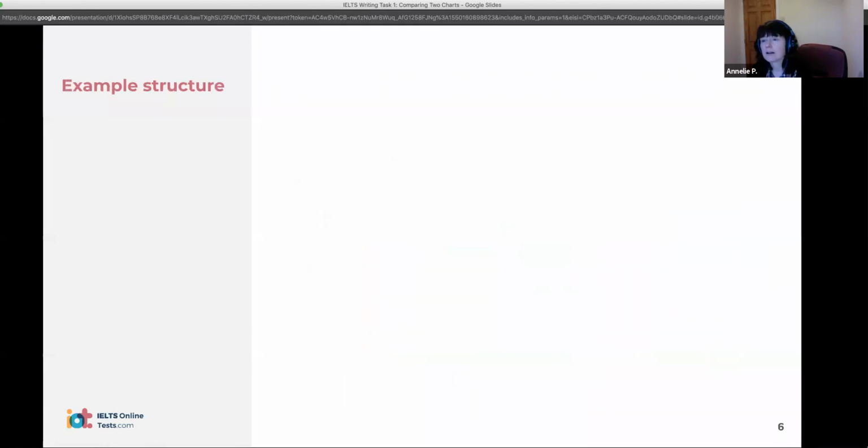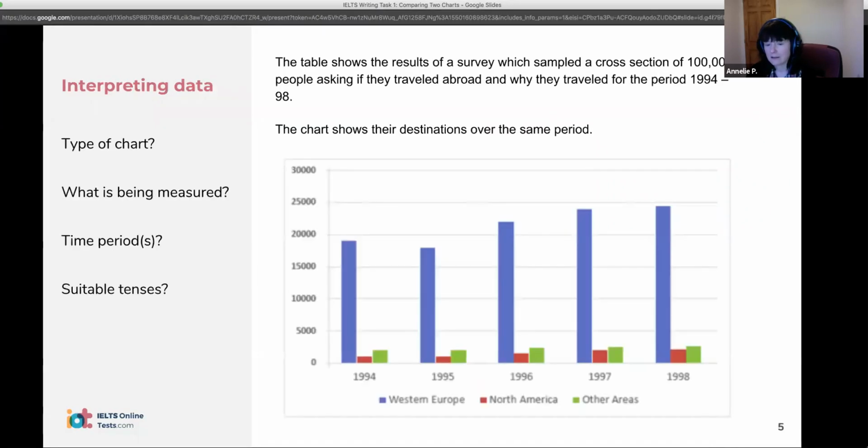So let's look at the structure. Okay, how are you going to divide up your answer? Okay. Sorry, Mez, what would you like me to repeat? I'll just go back. So the bar chart is the where the people are going, the destinations over the same time period, 1994 to 1998.